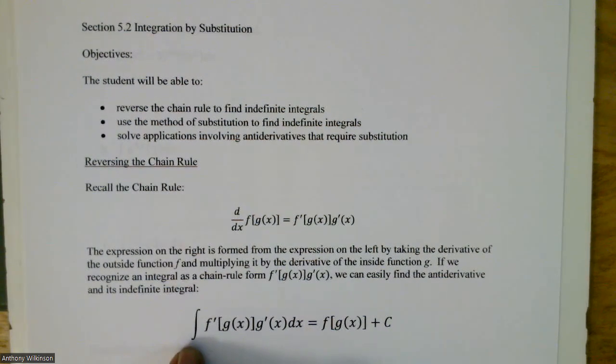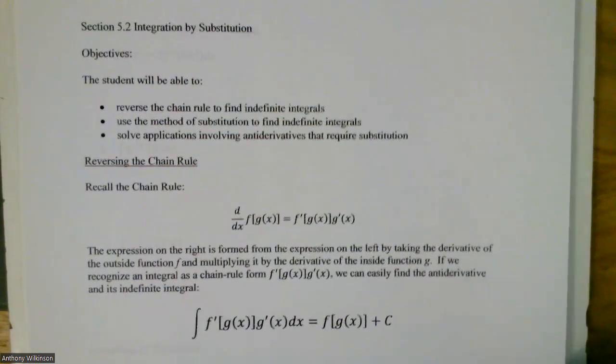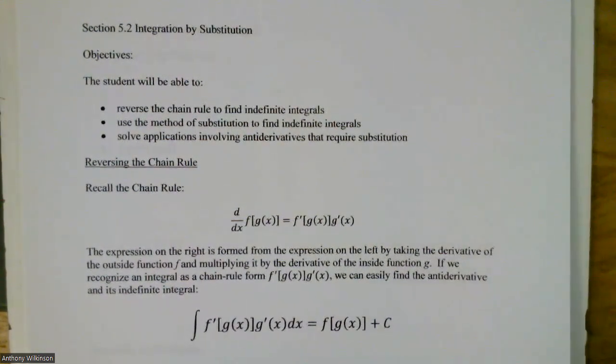So here it is. The integral of f prime of g of x times g prime of x dx will be equal to f of g of x plus c. So that's how we can find the antiderivative and its indefinite integral.